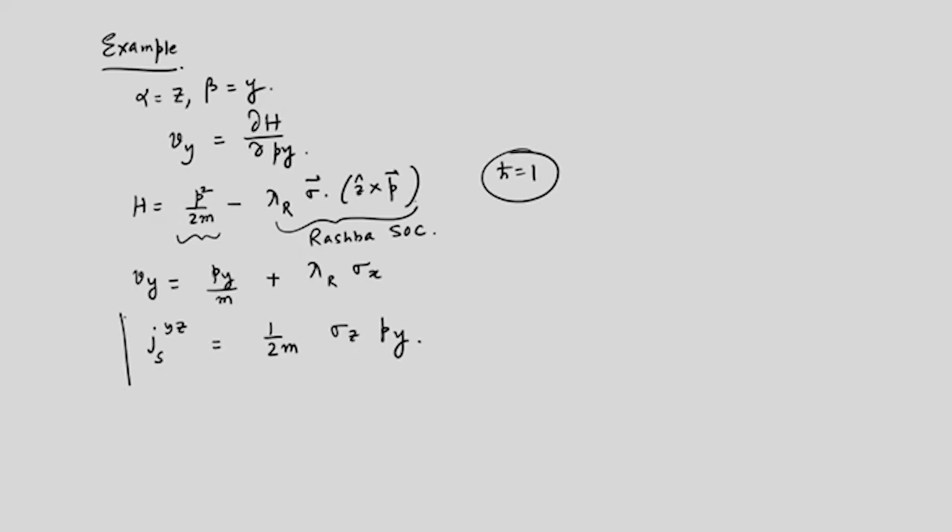This is quite an important step in the sense that the spin current is written in terms of the Pauli matrix and the Py, the y component of the momentum, and suppose you want to put it in the Kubo formula in order to calculate the Hall conductance or the longitudinal conductance.